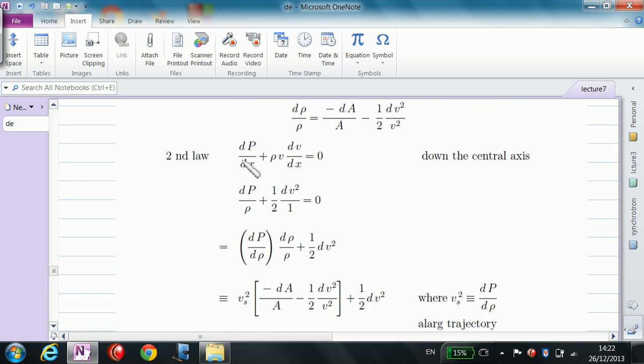Okay, now let's consider the second law, which is just the x component of the gradient equation. And in steady state, this is the equation of motion.